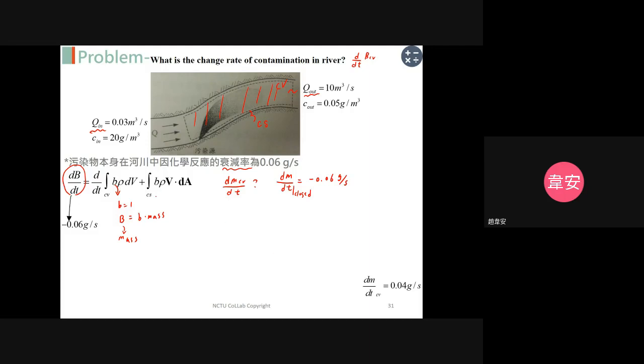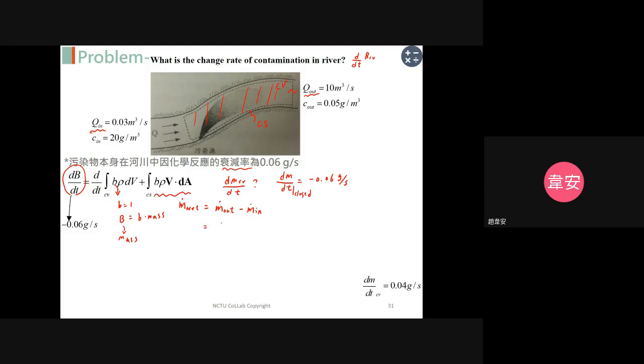So what is this part? This part we call the net outflow mass rate. Okay, so the net mass flow rate is equal to the outflow mass rate minus the inflow mass rate.